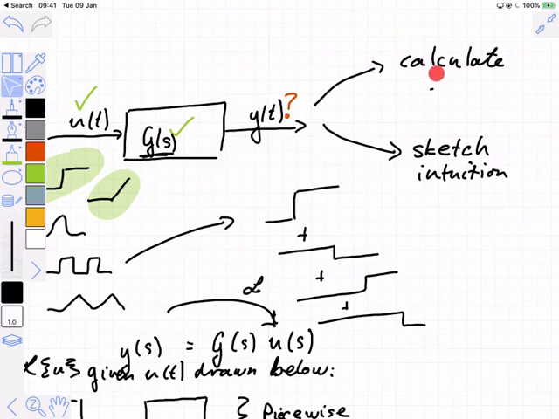The problem is there's two problems with this approach. The first one is, what if that doesn't work? And we're going to be pushing the symbolic tools that we have to the limits of what they can achieve. Not every Laplace transform has a nice closed form inverse. Okay, so that's the first problem, is what if that answer just doesn't exist?